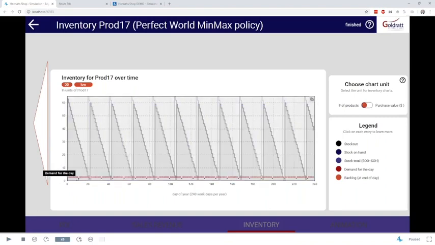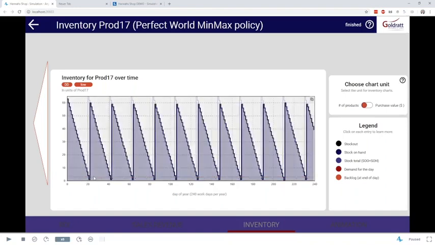So this red item down here, these dots are the actual daily demand. And it's really flat because it is a perfect world scenario. Only from time to time, because of rounding, is there a little less demand on specific days. So at some point, we go below the minimum value and we actually order more stock.